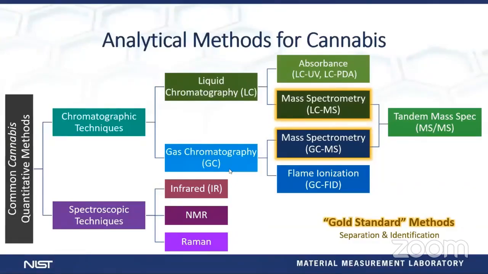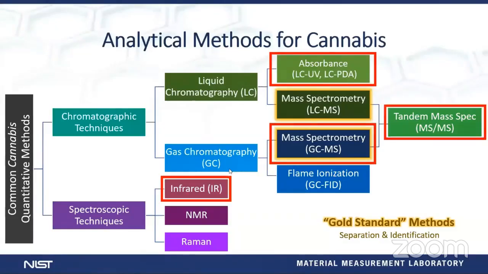GC can be used with a mass spec or an FID, and then both can also incorporate tandem mass spectrometry in their flow. Now, in general, LC mass spec and GC mass spec are considered the gold standards in forensics for drug analysis. NIST has developed methods centering around LC-UV and GC, primarily what we use here, but also the tandem mass spec, as I mentioned on the previous slide.